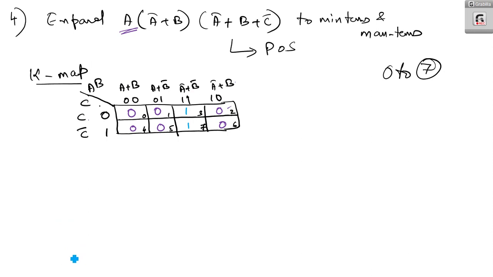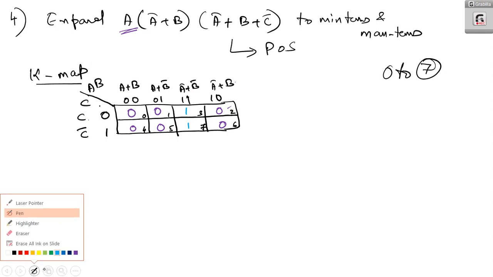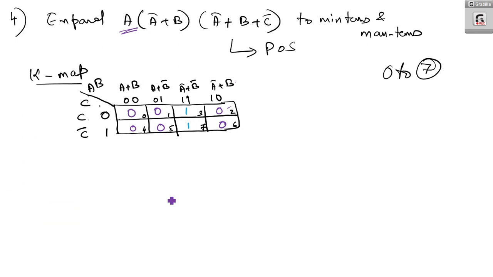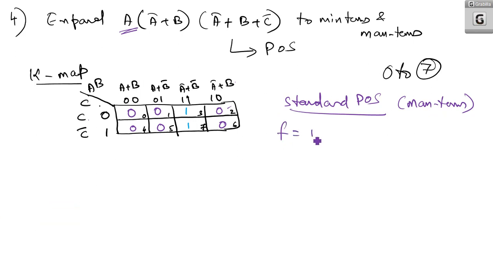So what we get is, for the standard POS form or to obtain the max term expression, we can write it as F is equal to pi capital M 0, 1, 2, 4, 5 and 6.